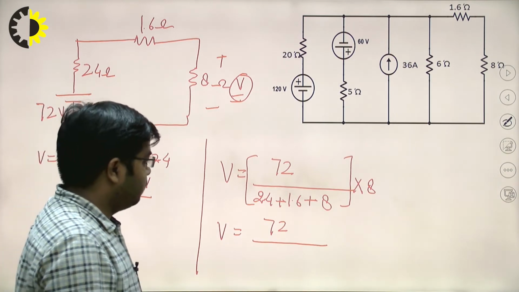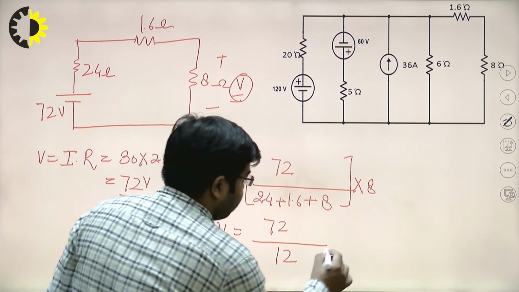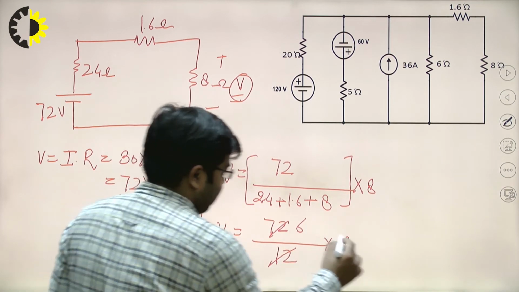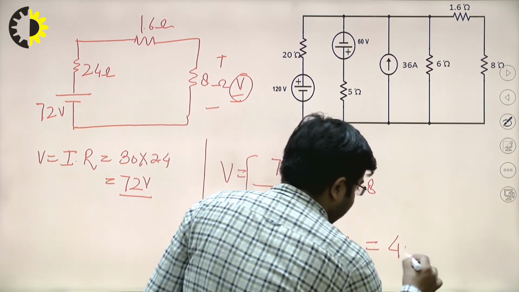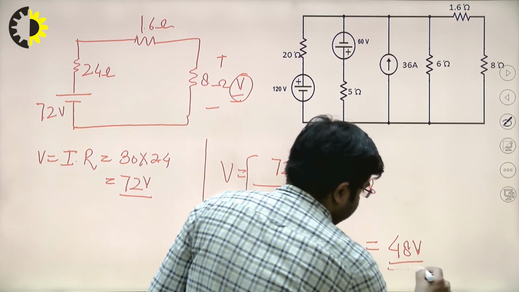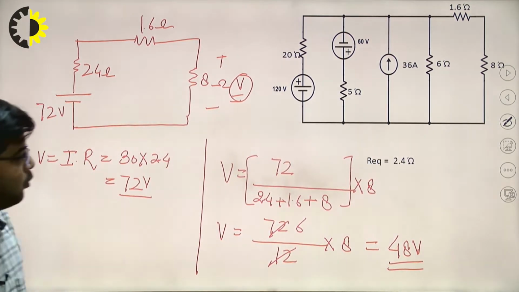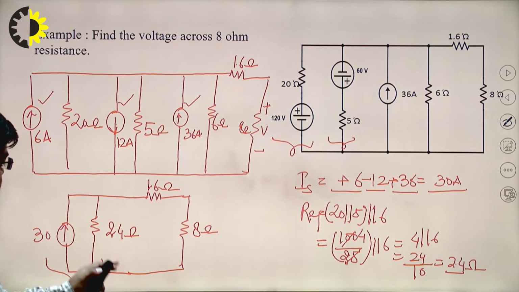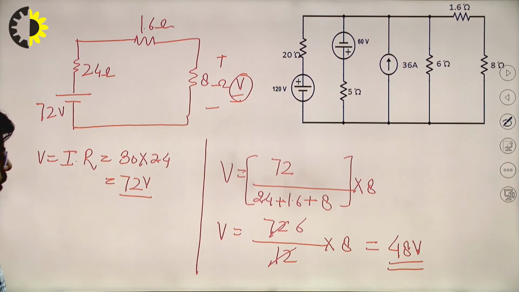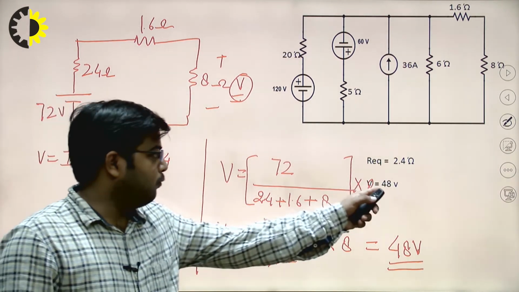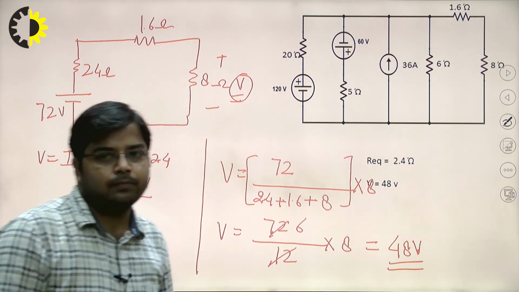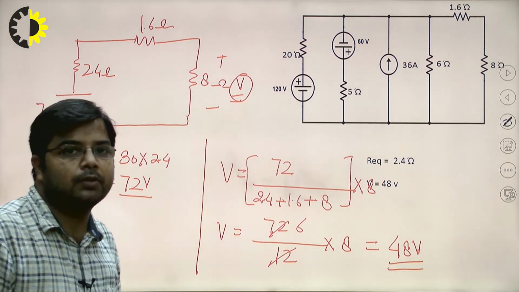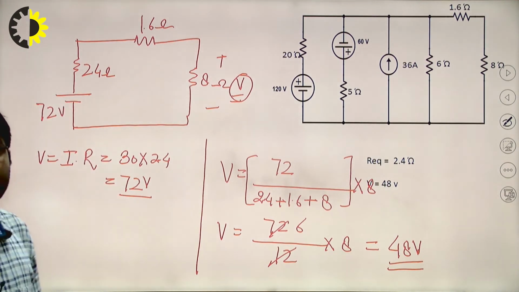So this will be 12, so this will be 48 volt. So R equivalent is the resistance, this one, and 48 volt is this voltage. This way you can use source transformation in any network problem.